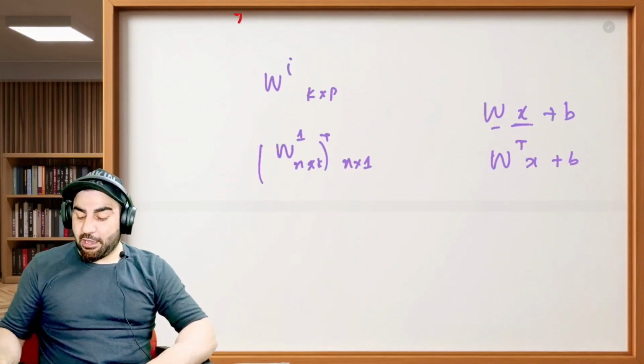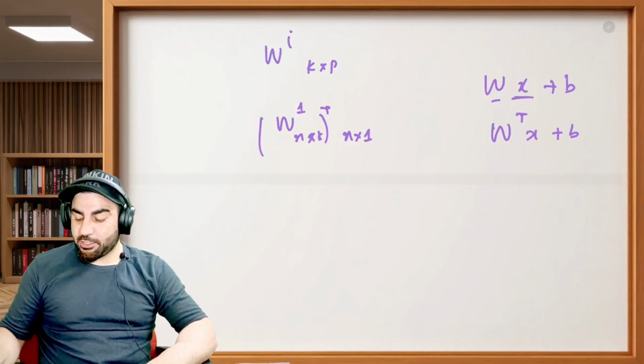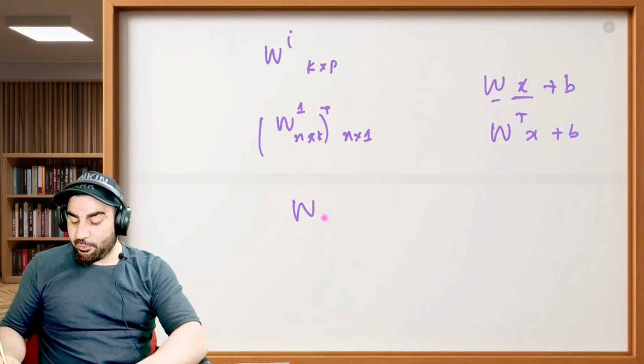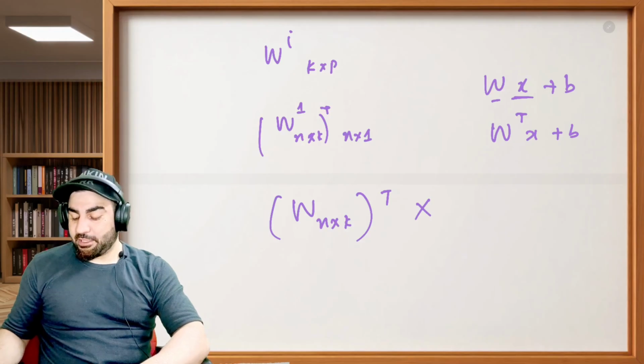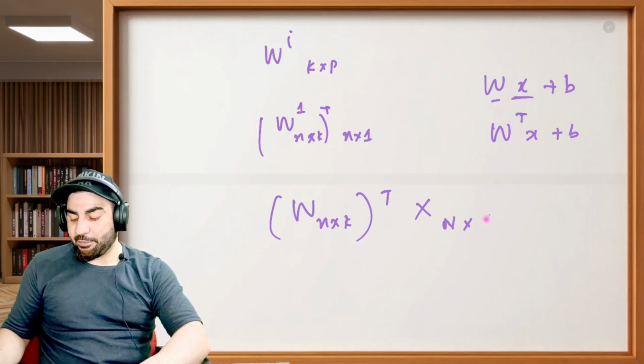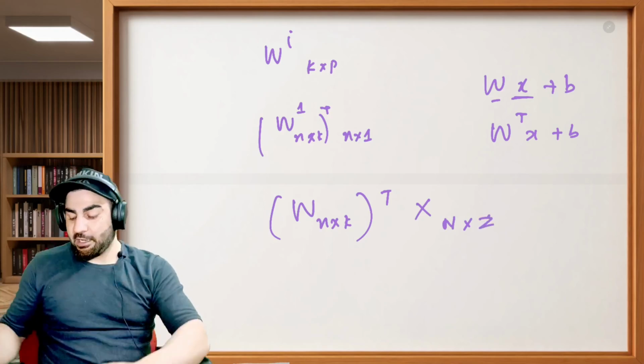Then you have this bias vector. Because you are taking this transpose now, W is n cross k. Now you take a transpose of this and then multiply it with x. x is the data matrix in which you have n features, and let's suppose some z number of data points. So this again can be a matrix, or you can just take one point of that.